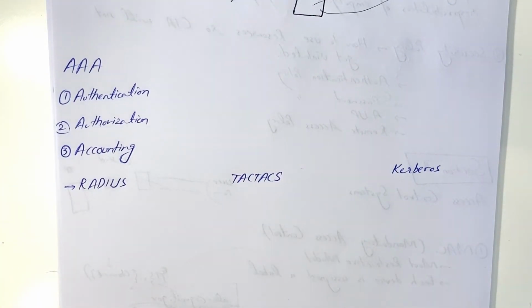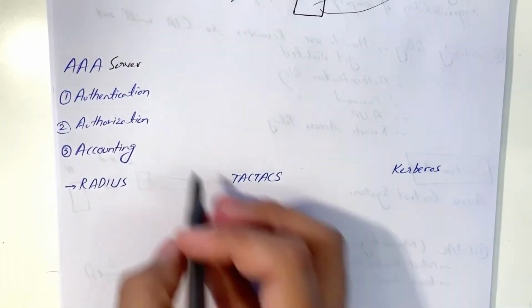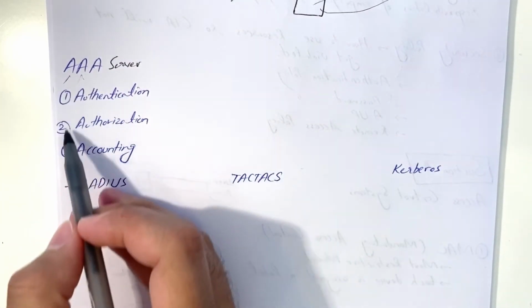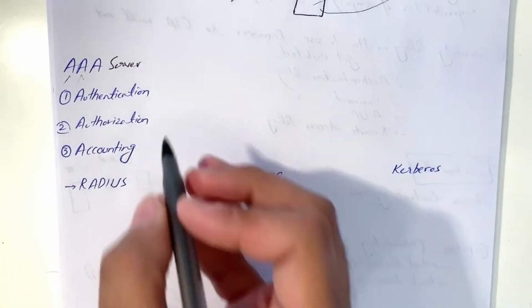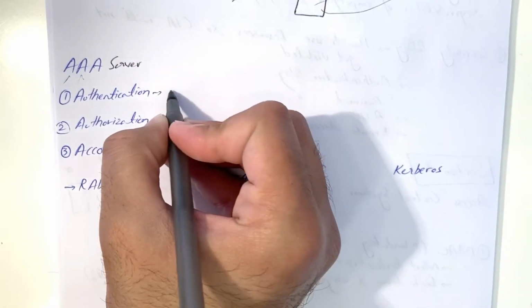Typically we use AAA servers, and AAA stands for authentication, authorization, and accounting. Authentication is basically verification, ensuring the individual is who he or she claims to be, not an imposter.